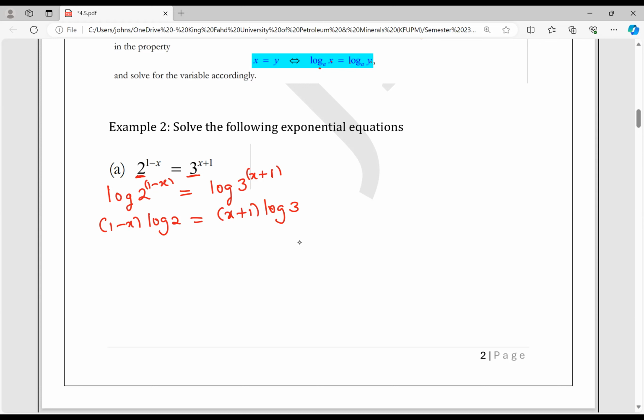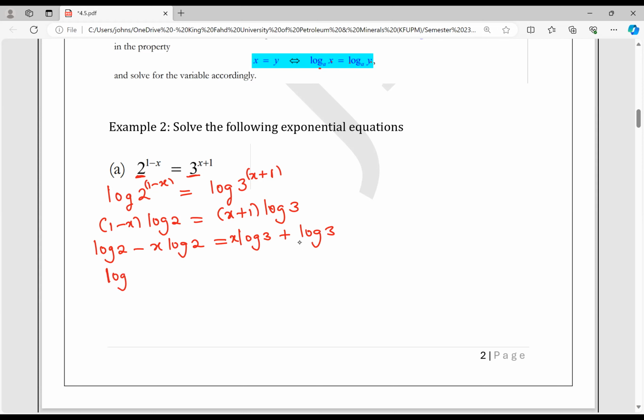Now we can expand. If you expand, you have log 2 minus x log 2, because log 2 is a number, so you can distribute it. And here also becomes x log 3 plus log 3. Correct?